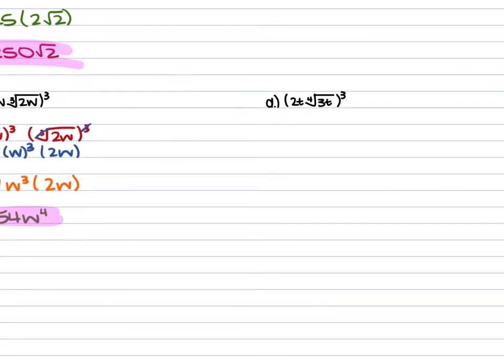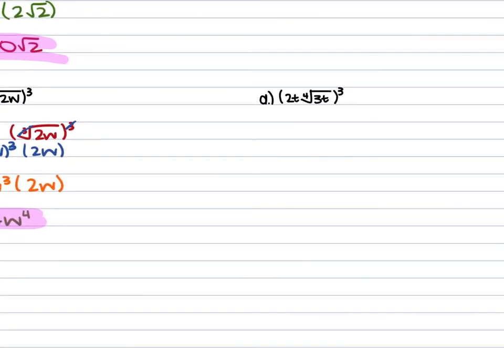For example D, we have 2t times the 4th root of 3t, all to the 3rd power. So we're going to do the 2t to the 3rd power and the 4th root of 3t to the 3rd power. For this, the 2 gets raised to the 3rd power, t gets raised to the 3rd power, and you also have the 4th root of 3t to the 3rd power.